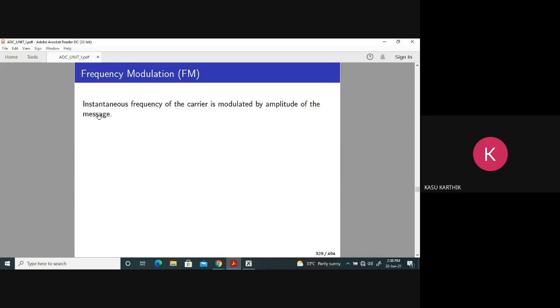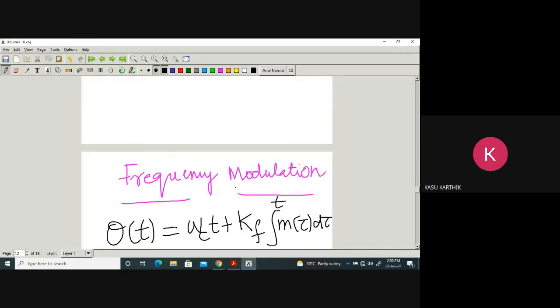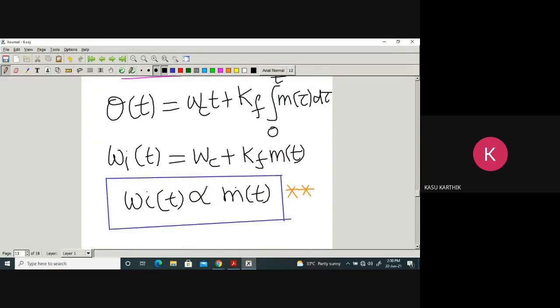Next, frequency modulation. The instantaneous frequency of the carrier is modulated by the amplitude of the message signal. Here, fi of t is proportional to m of t, or omega i is proportional to m of t.